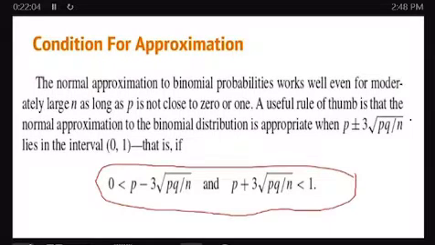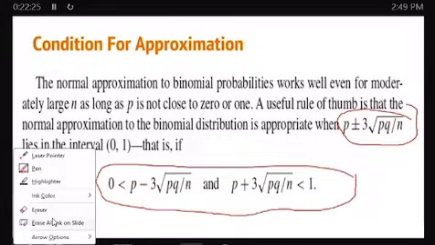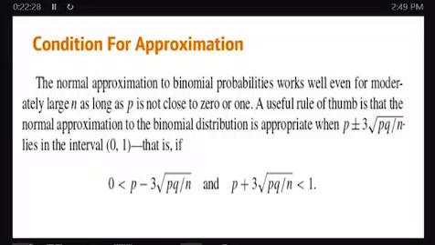Provided this guy, if you take a look at what I circled, it is like within 3 standard deviations, that we can tolerate. I'm going to write this now. Give me 1 second. What you have inside the square root is the variance, and the square root of that is the standard deviation.